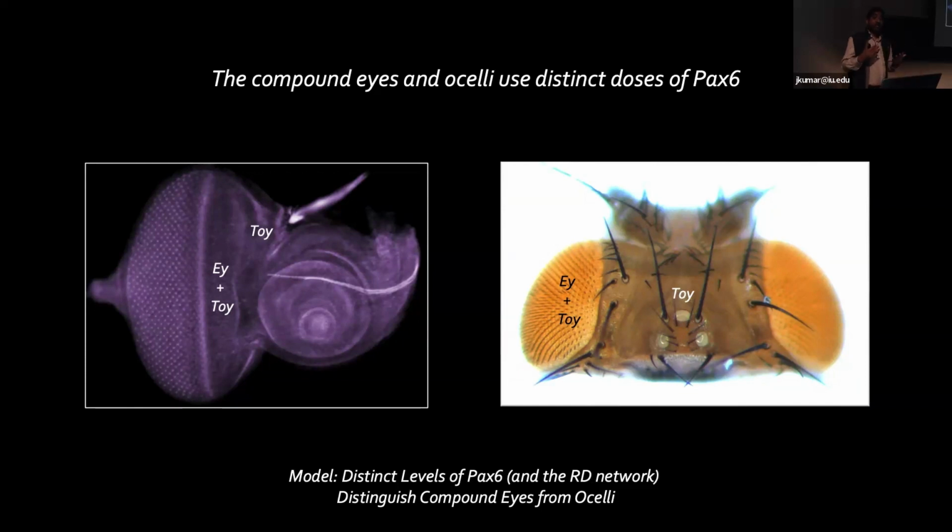And there was lots of early evidence to suggest that these two Pax6 molecules were binding to two different sets of target genes, Twin of Eyeless giving you ocellar-specific gene expression, and Eyeless giving you compound eye-specific gene regulatory networks.